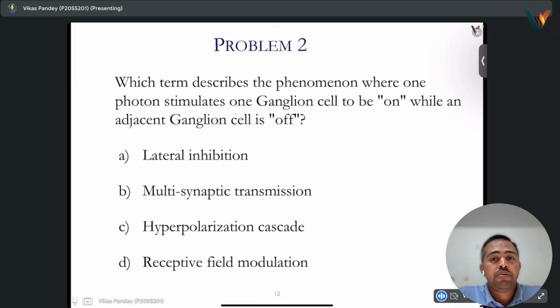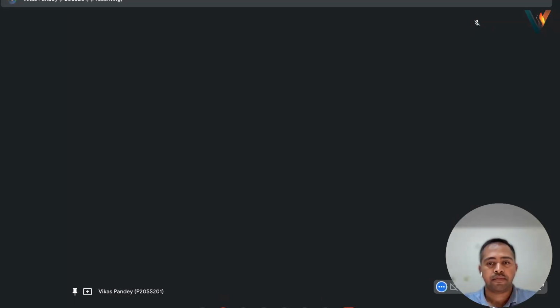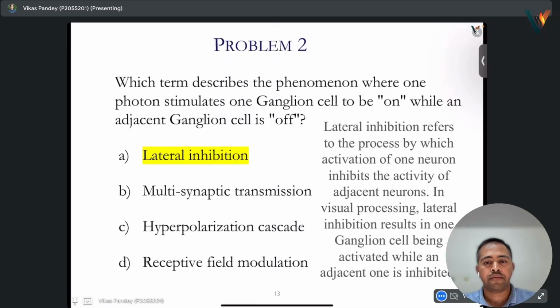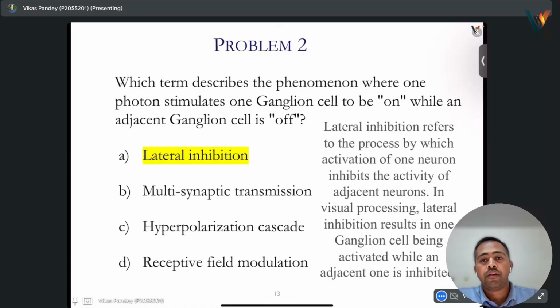Which term describes the phenomenon where one photon stimulates one ganglion cell to be on while an adjacent cell is off? Is it lateral inhibition, multisynaptic transmission, hyperpolarization cascade, or receptive field modulation? So it is lateral inhibition.